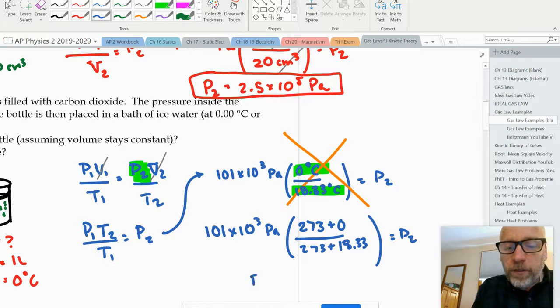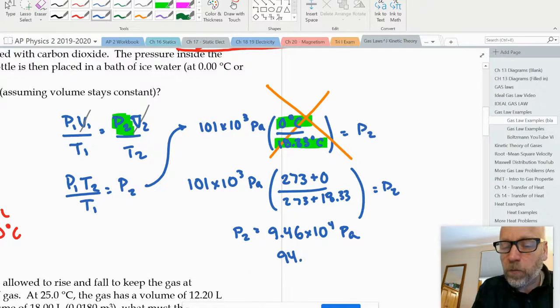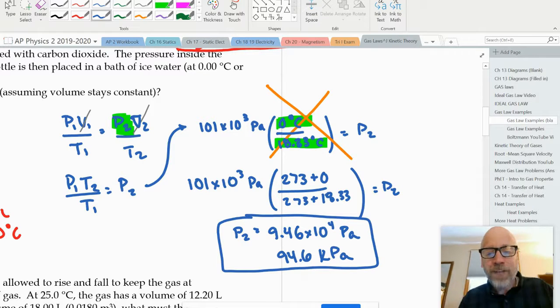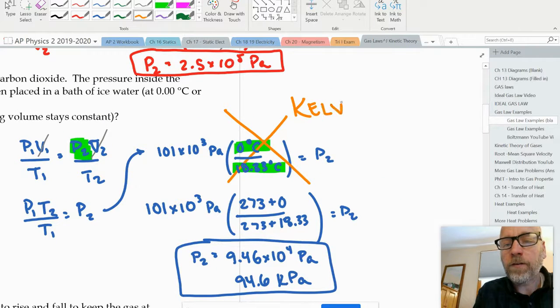Anybody else get that the pressure dropped to 9.46 times 10 to the 4th pascals? Or I could write it as 94.6 kilopascals. Did you guys get that? Nice, good. What was the point? It's got to be in kelvins. Next.